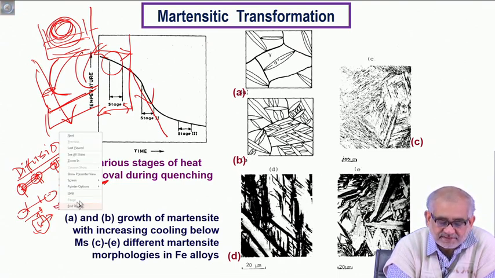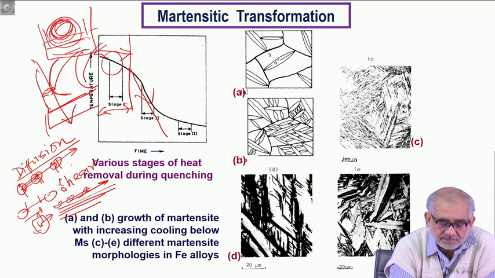So if that shear happens in this particular plane, another shear happens in another plane, these being parallel crystallographic planes, the degree of shear is going to be different, and as a result the morphology or the shape of the product that we develop will be more like a lenticular shape.